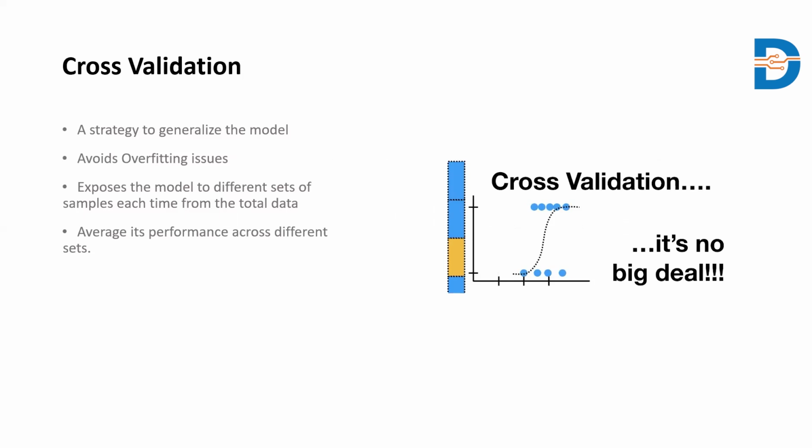So every machine learning model that we build is trained on a certain set of data and tested on a certain set of data. Now, this limits the model exposure to unseen data.